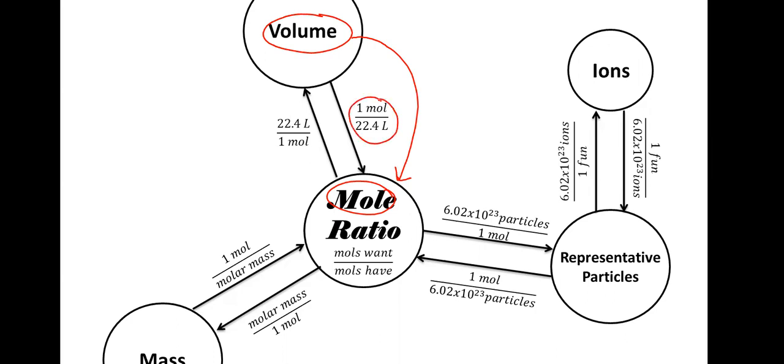So parenthesis number 2 will be 1 mole over the 22.4 liters. And this is a have step. And our third parenthesis, because we have to switch it, we will do the mole ratio as our third parenthesis.